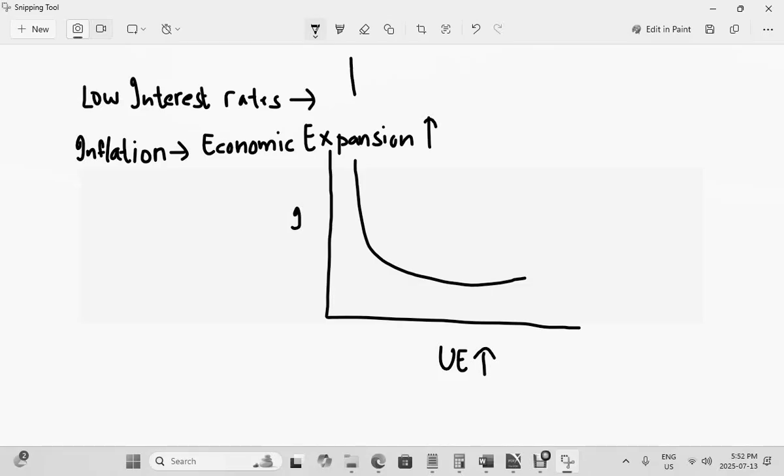So, low interest rates and economic expansion goes up.